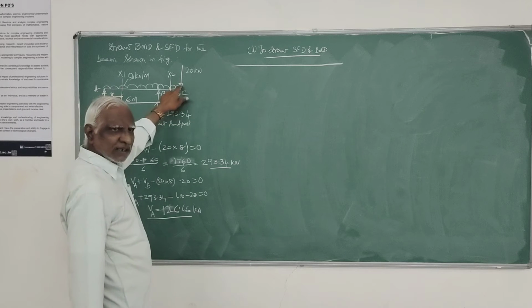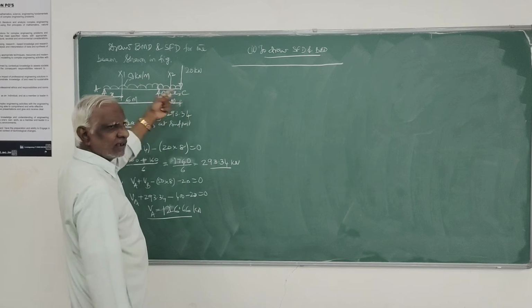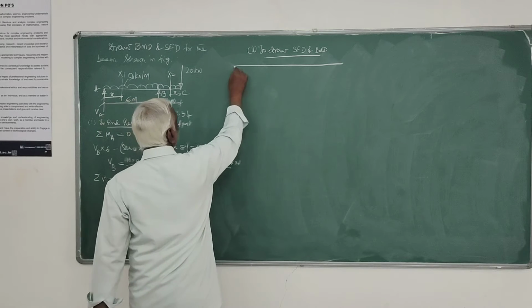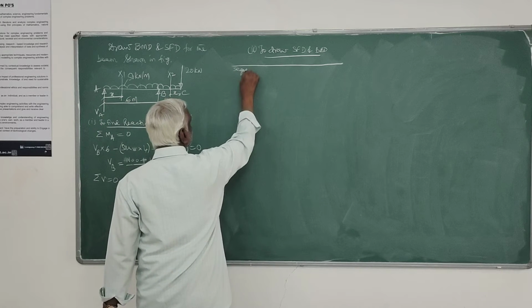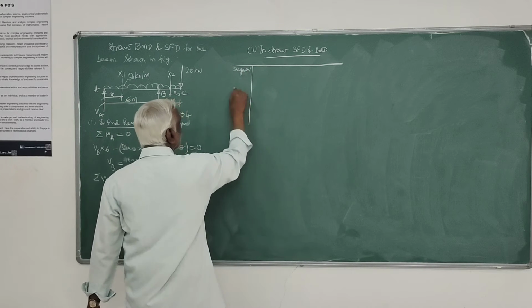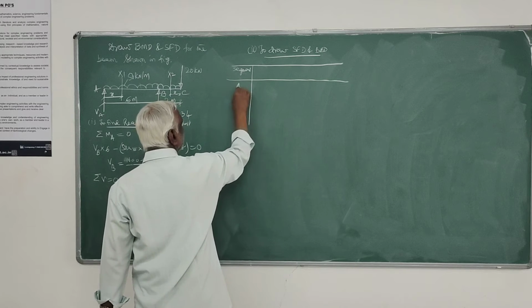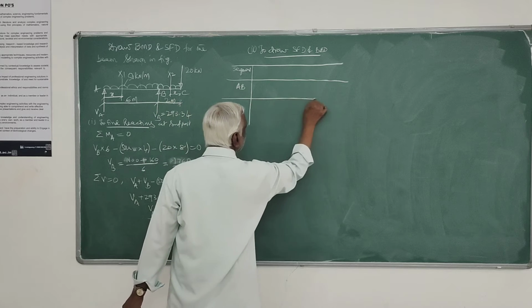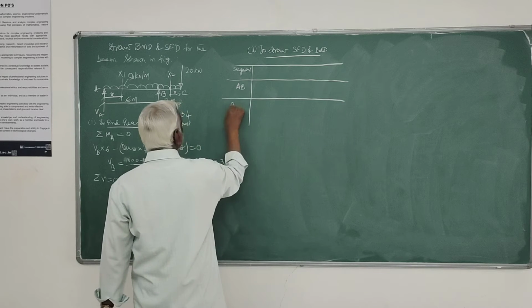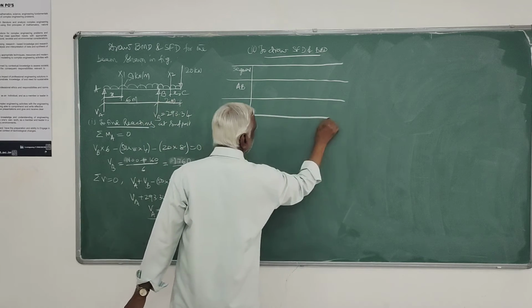Because here only two loads, limited load, I will take it, that's all. So you write segments, as usual, only two segments. One segment is AB, another segment CB. Only two segments.